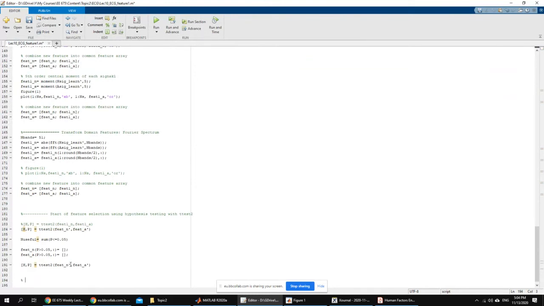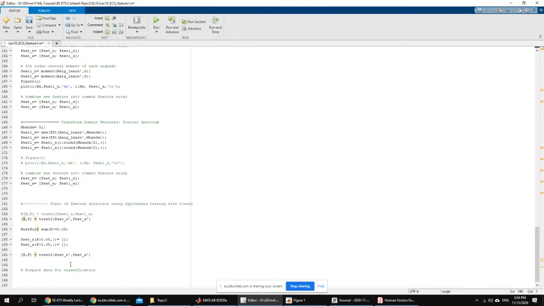Now we'll prepare data for classification. Let's call the first one capital X, or maybe X train. It is going to be feet N transpose and feet A transpose, but we have to concatenate them along the first dimension.